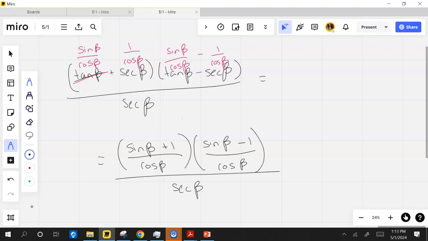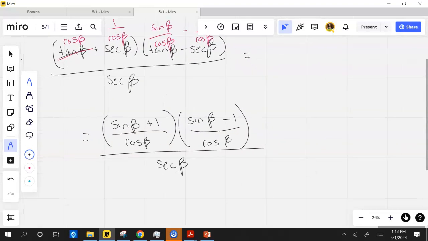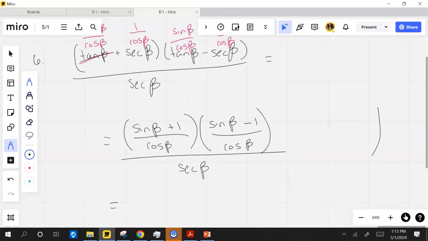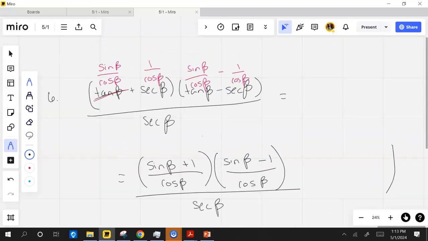Now, you might not see this right off, but I see this right off, just because I notice these denominators before I even start FOILing. That's what's on the bottom.